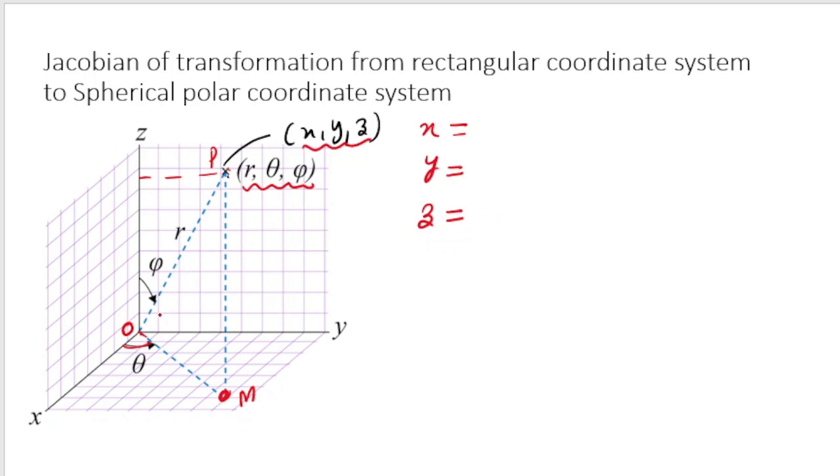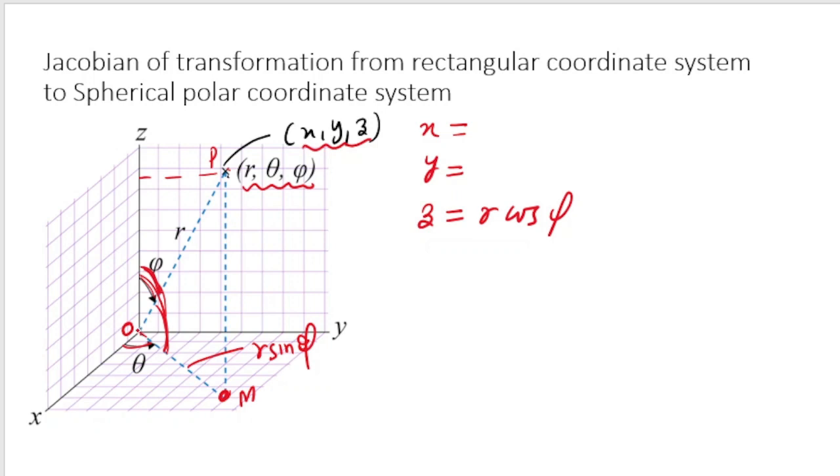So if this is r and this is phi, then the z value will be r cos phi, and its projection in the xy plane, where I hope you can clearly see that this angle is 90 degrees, right? So if this is r cos phi, then this line, OM, is r sin phi.